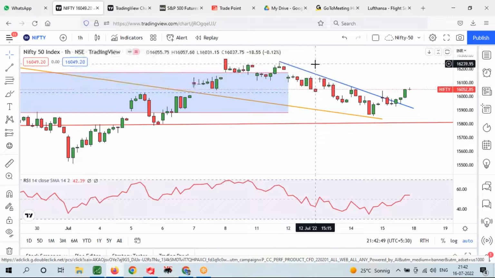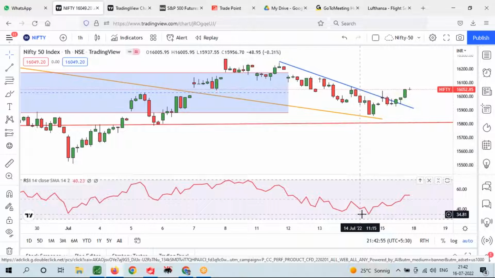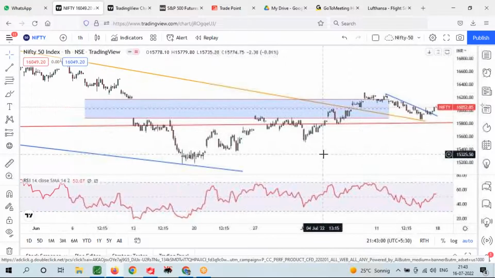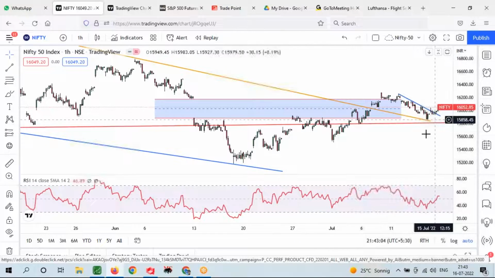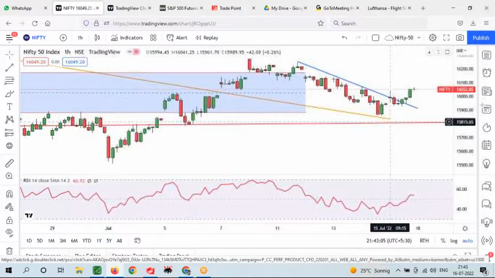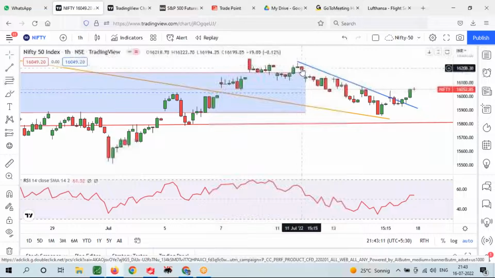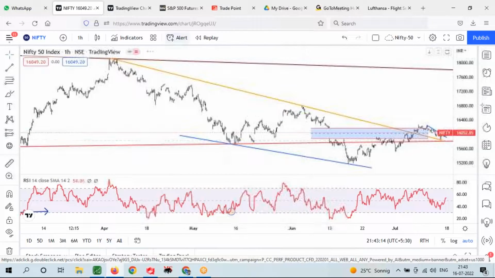I think sustaining above 250 to 275, the index can do much higher levels. As per the hourly chart, this correction is over, and you can keep this low as a stop loss when you cross this high. So this is how the Nifty is looking.